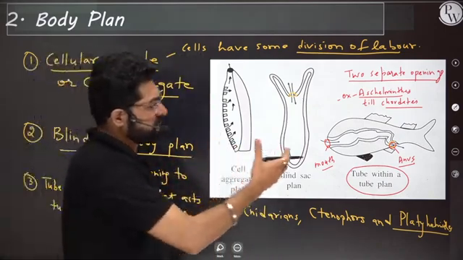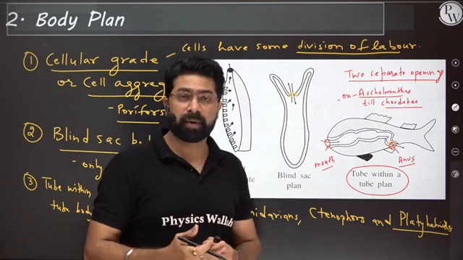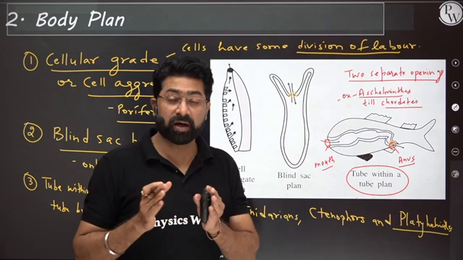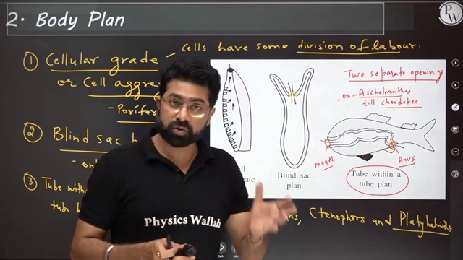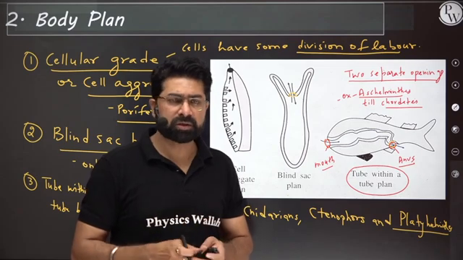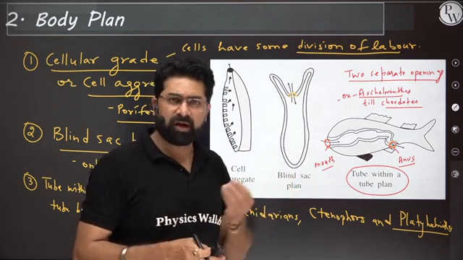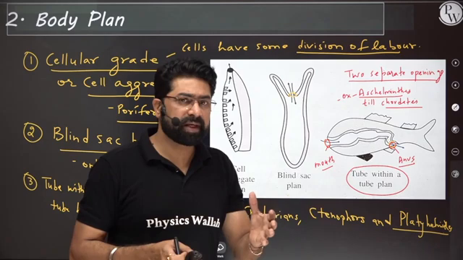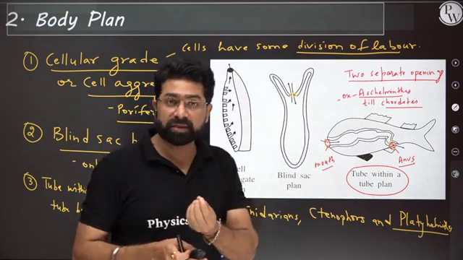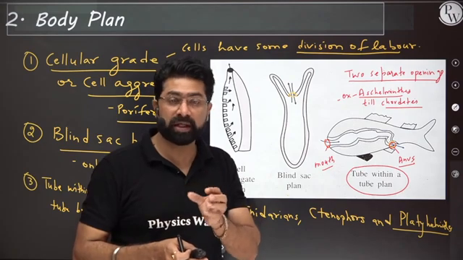Even further also you can study tube within tube body plan. Those organisms which have tube within tube body plan are further classified into protostomia and deuterostomia. But that's not in your course, so let's just have a glimpse of that. Protostomia means in which the mouth develops first from the blastopore region.